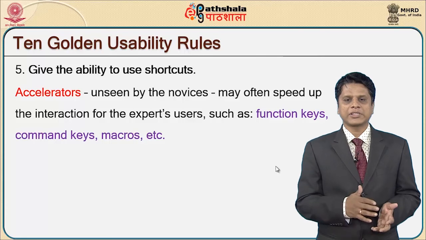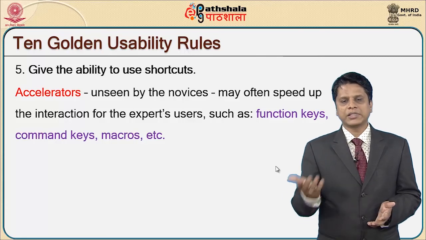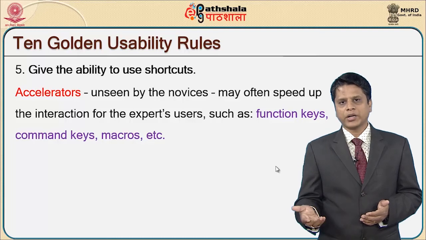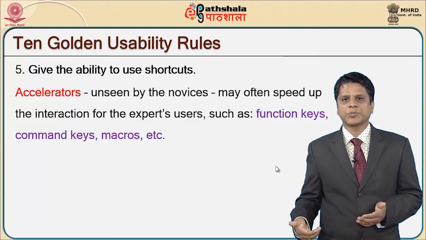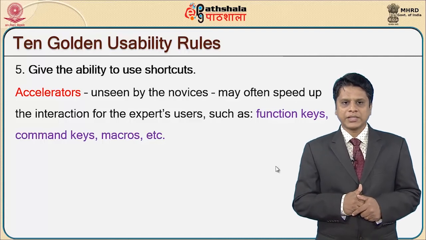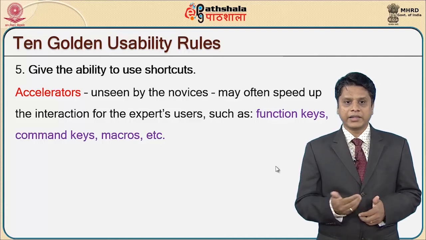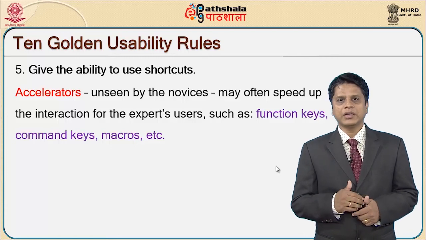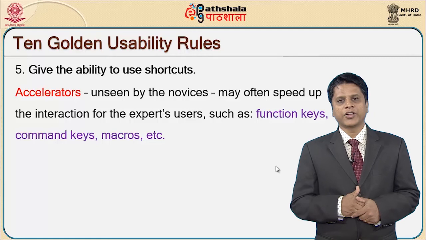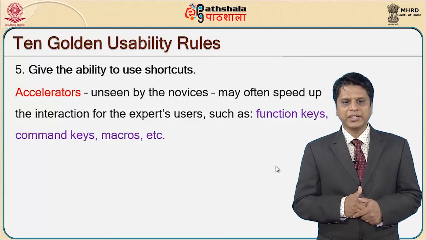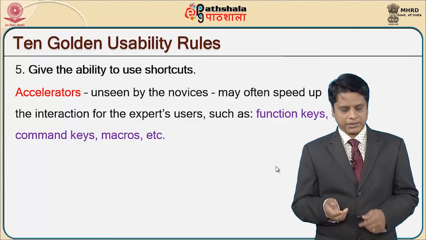For example, if we want to copy, we see Control C, and if we want to paste, Control V. Those kinds of shortcuts can also be created for specific software, which is much appreciated. These shortcuts are accelerators unseen by the novices, and may speed up the interaction of expert users, such as function keys, command keys, macros, etc.